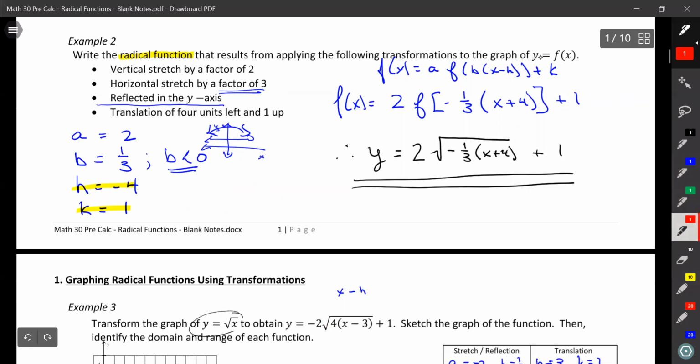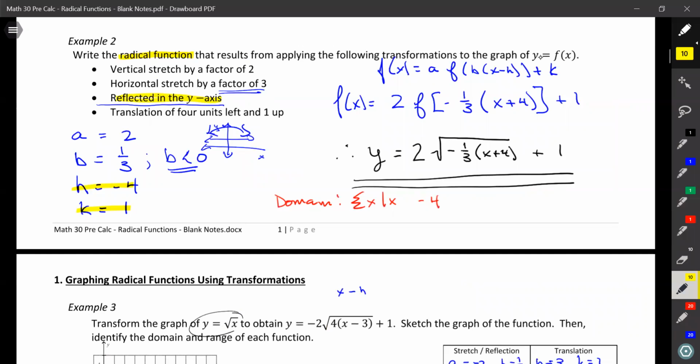So the domain would be looking like this. X such that x and the other number is -4. Now we have to decide, is it greater than or is it less than? Well, because we were reflected in the y-axis, that's a horizontal reflection. Okay, that's this one here we talked about, that horizontal reflection.